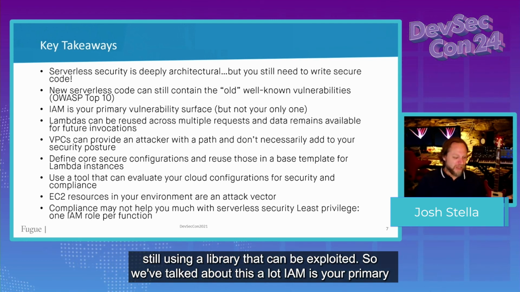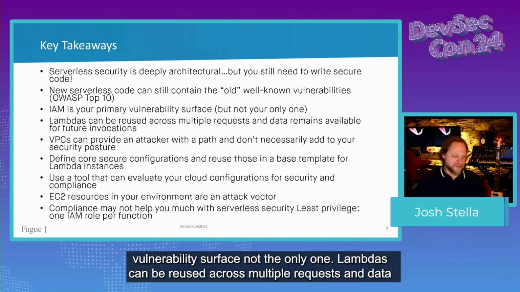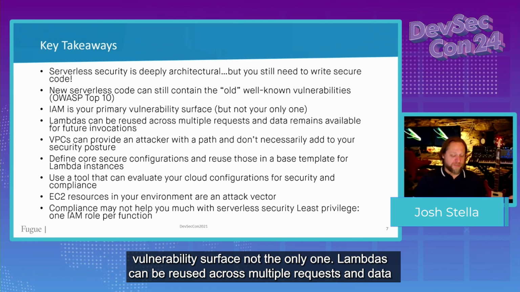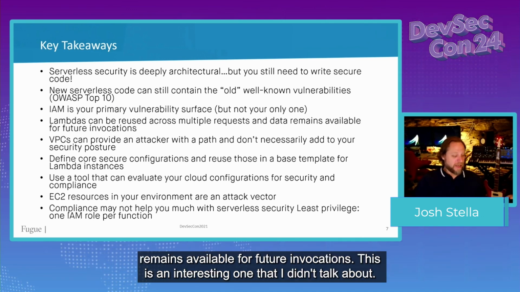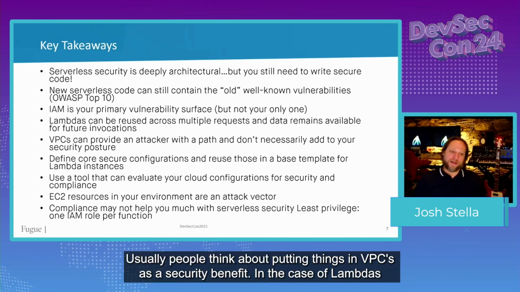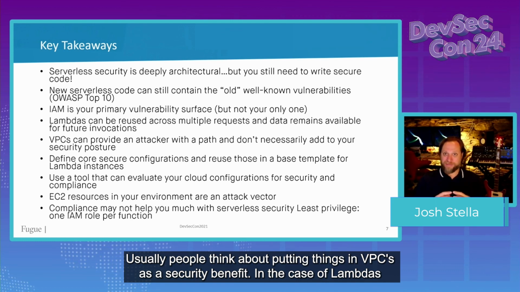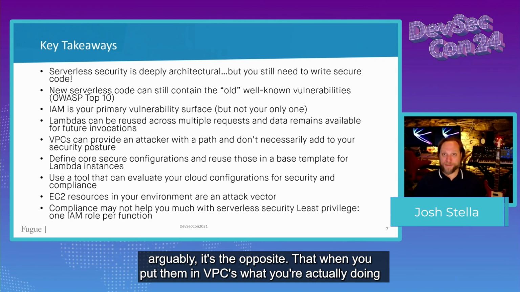We've talked about this a lot. IAM is your primary vulnerability surface, not the only one. Lambdas can be reused across multiple requests, and data remains available for future invocations. This is an interesting one that I didn't talk about. Usually people think about putting things in VPCs as a security benefit. In the case of Lambdas, arguably it's the opposite.